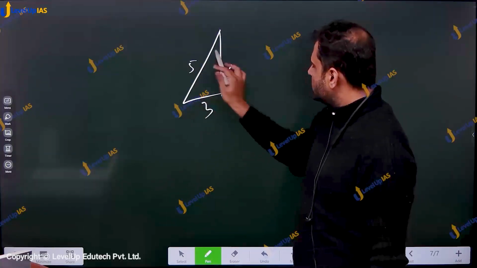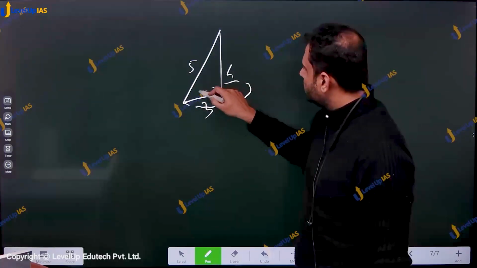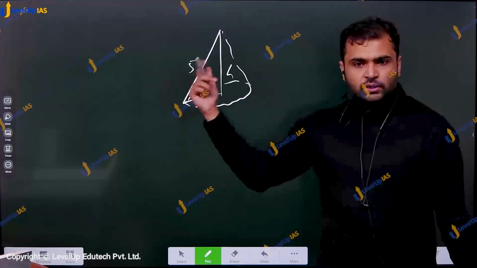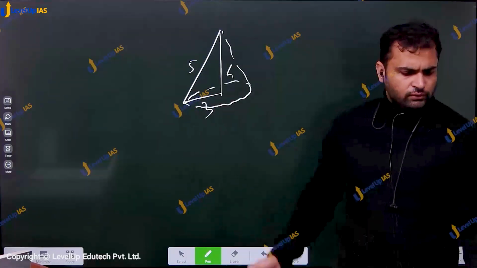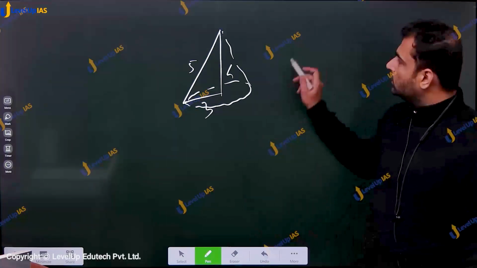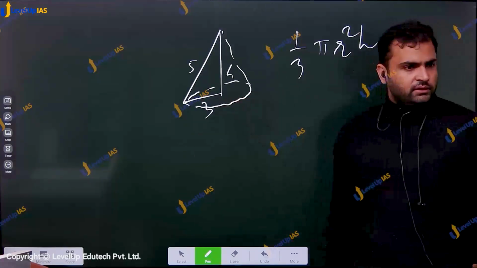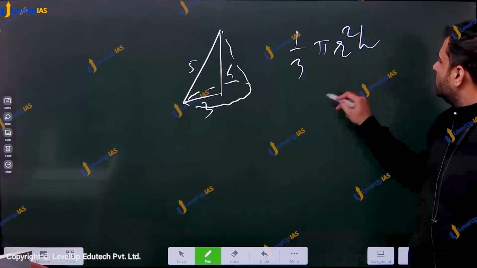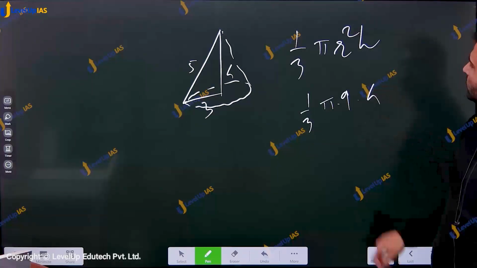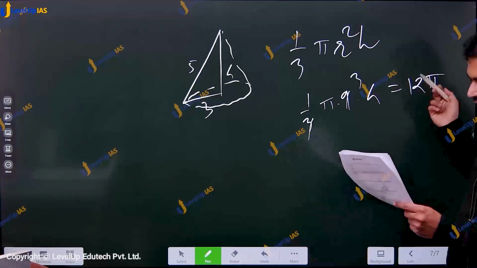So ये side जो है, this is being rotated, so you will form a cone like this, right? This triangle is rotated, and question is now just to find the volume of this cone. What is the volume of cone? R is 3, height is 4, so we will have 1 by 3 pi, r square is 9, height is 4, we will get 12 pi centimeter cube.